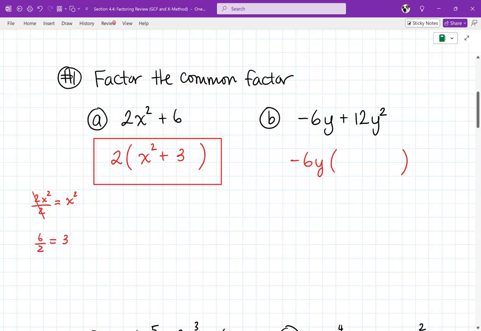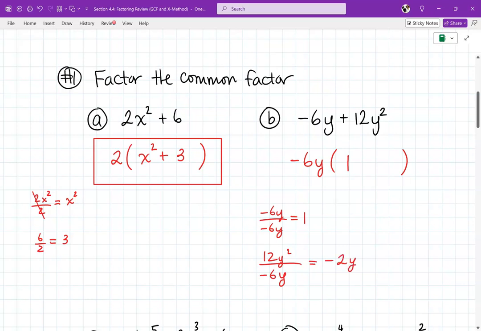Okay, and then in your head, you're supposed to kind of say this to yourself. What's the negative 6y, the one in black? Negative 6y, when you factor out a negative 6y, you're going to divide it. So negative 6y divided by negative 6y, that's equal to 1. Okay, and then the 12y squared, when you divide it by negative 6y, is a negative 2y.